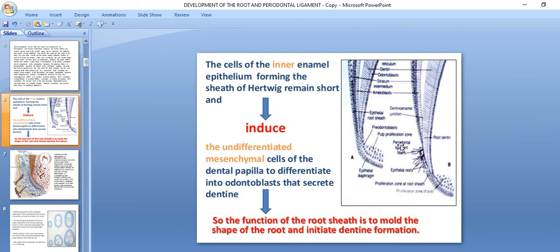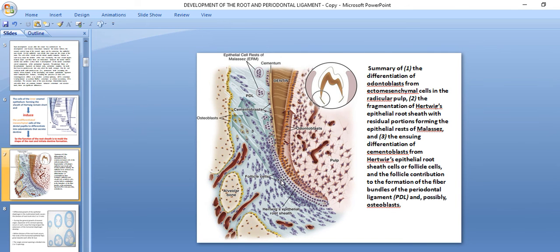Here you can see this is the root diaphragm. Unlike the cervical loop region in the enamel organ of the crown, there is no stellate reticulum and stratum intermedium between these two layers.